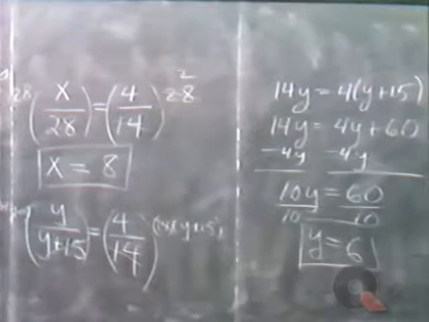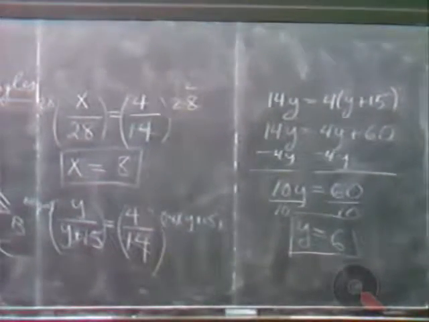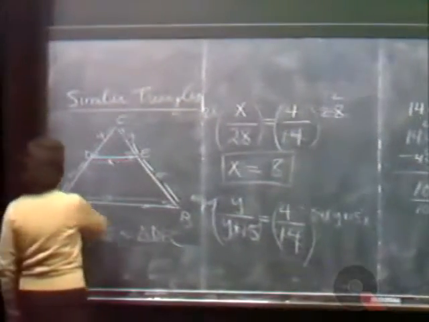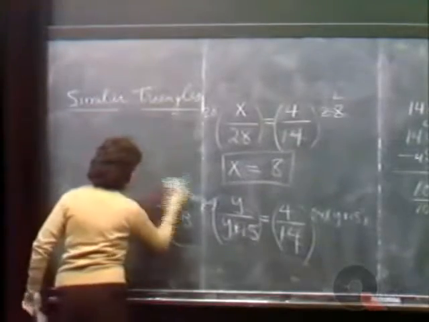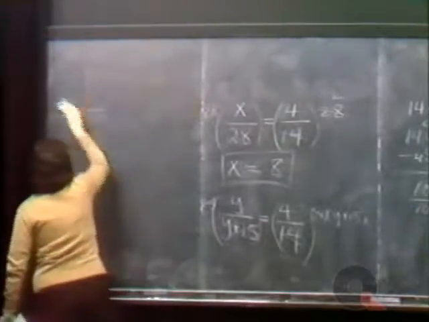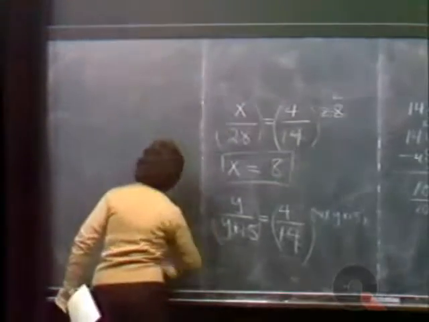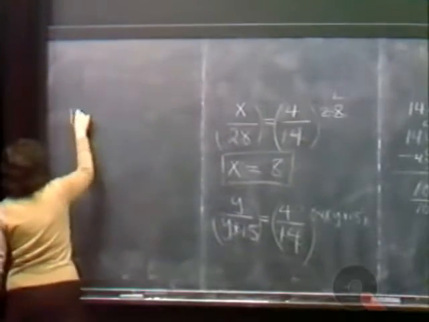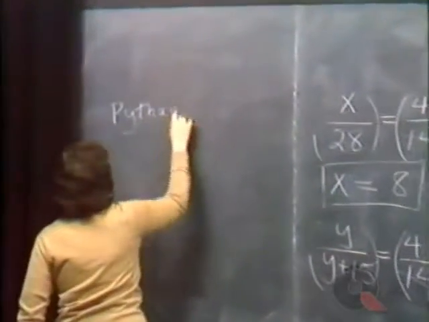Now, we're going to come back to similar triangles in a moment, but first I want to introduce the Pythagorean theorem. The Pythagorean theorem is a very important theorem in geometry.